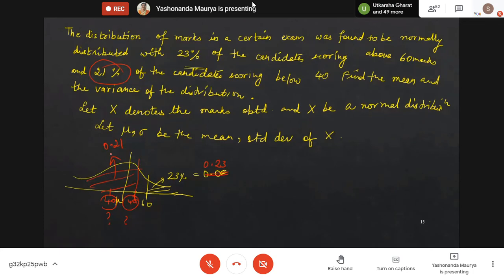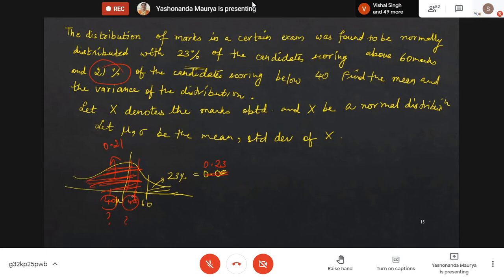Is this clear? This is not correct. What is wrong? If I sketch it this way, this area in red will definitely be greater than 0.5 because I'm including this half of it.